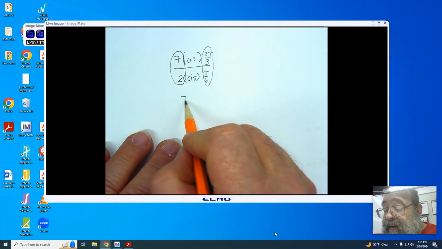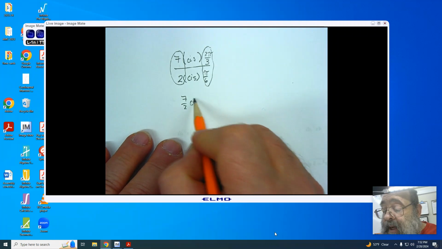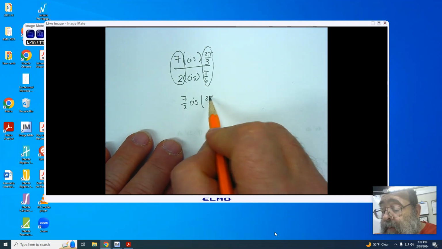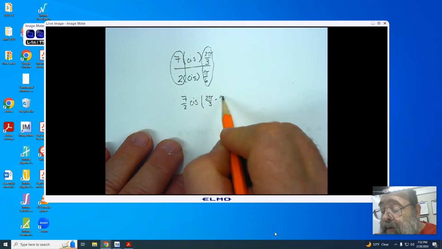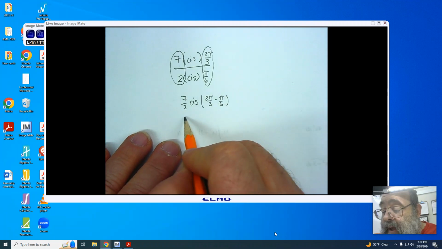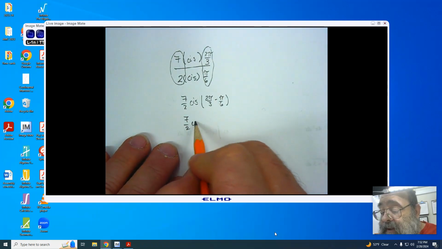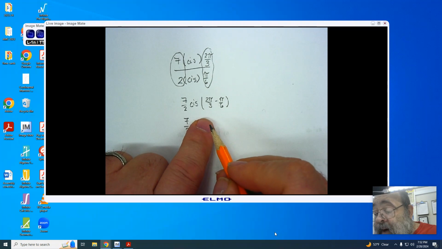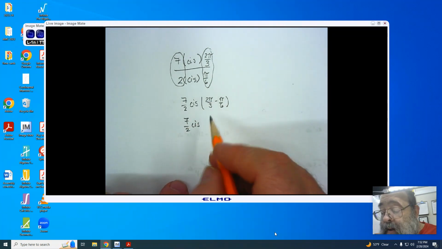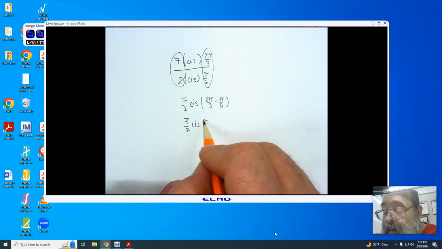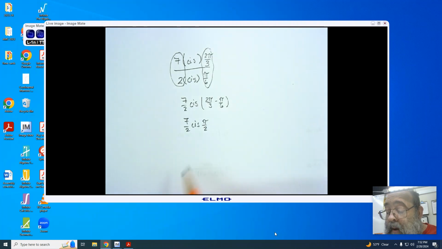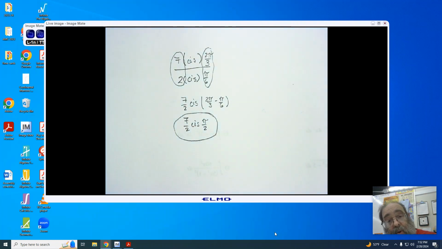So we will have 7 halves cis 2 pi over 3 minus pi over 6. Getting the common denominator, it's 4 minus 1, which makes 3 over 6, which is pi over 2. This is now our quotient of our two complex numbers written in polar form.